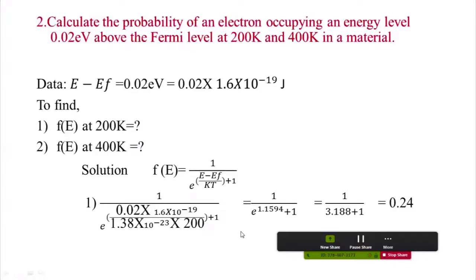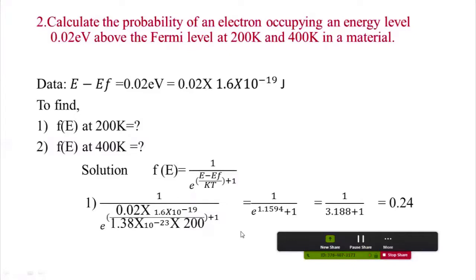Substituting the values in the formula: 1 over e power, E minus EF, which is 0.02 into 1.6 into 10 to the power minus 19, whole divided by 1.38 into 10 to the power minus 23, that is the Boltzmann constant K, into T, the temperature. First we calculate for 200 Kelvin, plus 1.